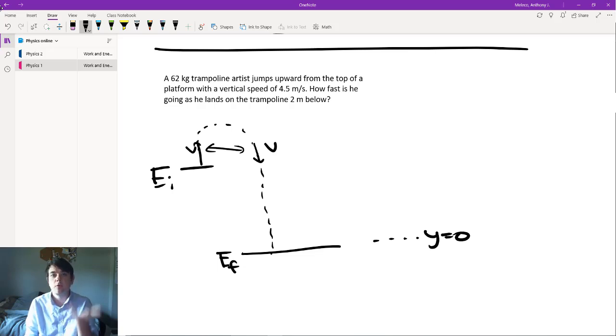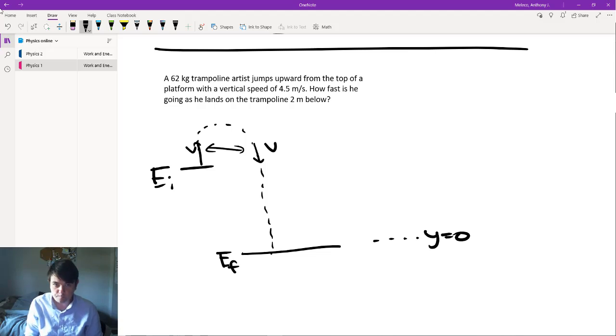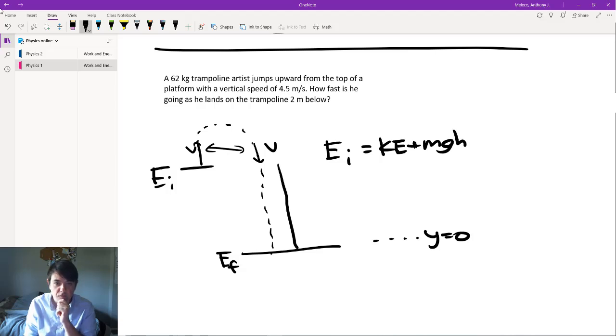If you remember when we were solving for kinematics and we were throwing a ball up and down, it's symmetric motion. And so when we jump up with v, we are also moving back through that same point with v. So E initial then equals that same kinetic energy plus we'll have some gravitational potential energy, where this will be H. Okay?